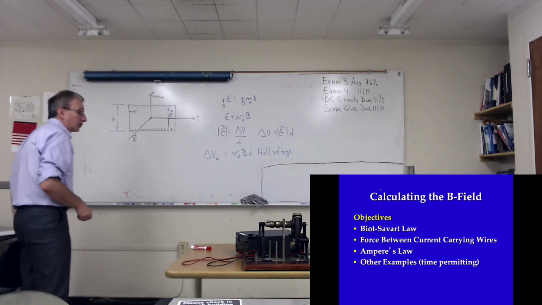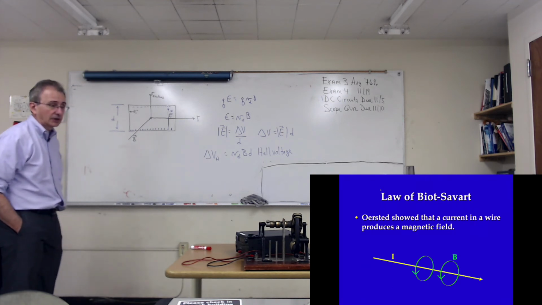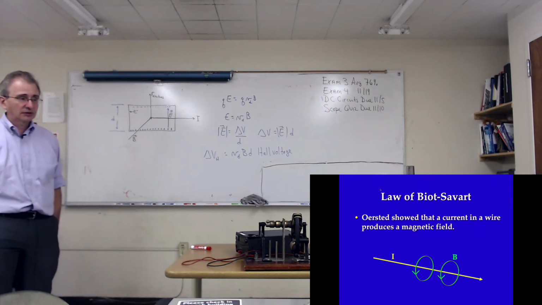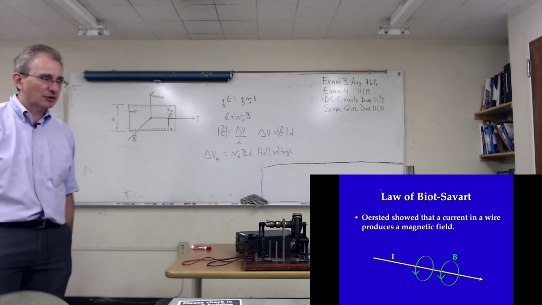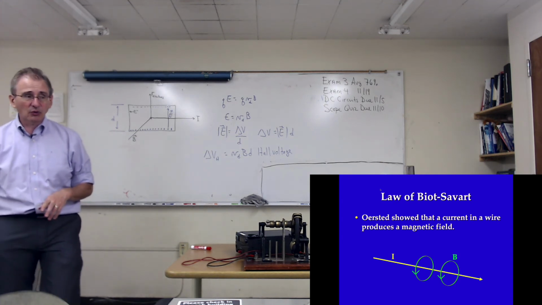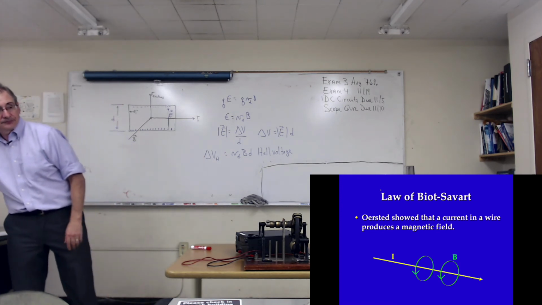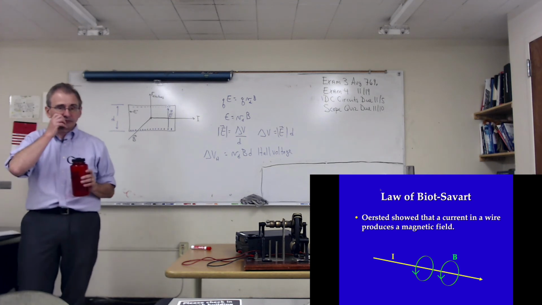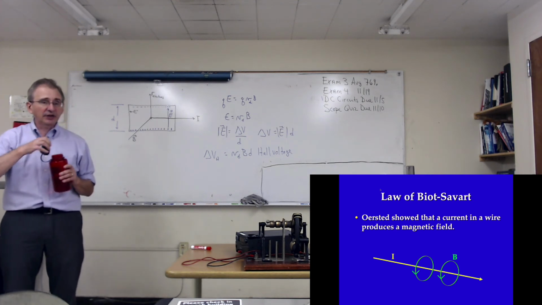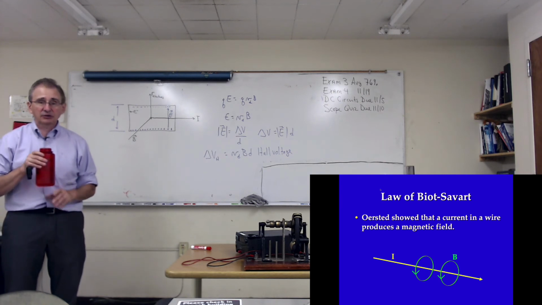The first thing I want to talk about is the Biot-Savart law. Many years ago, Ørsted showed that a current carrying wire produces a magnetic field. If you put a compass next to a current carrying wire, you will notice the compass deflect. The magnetic field for a current carrying wire, like the one you see in the slide, circulates around the wire.